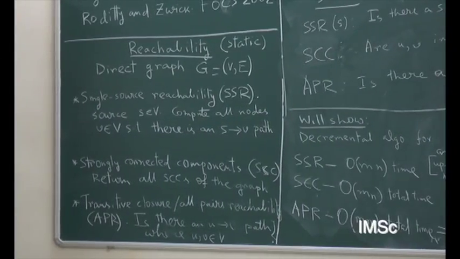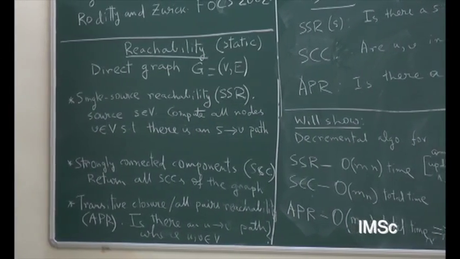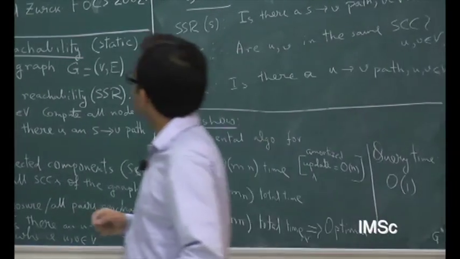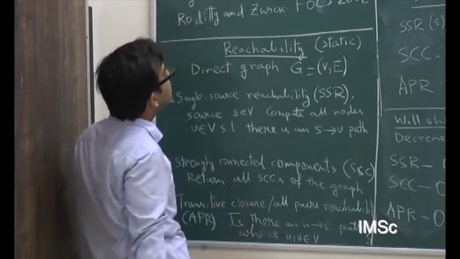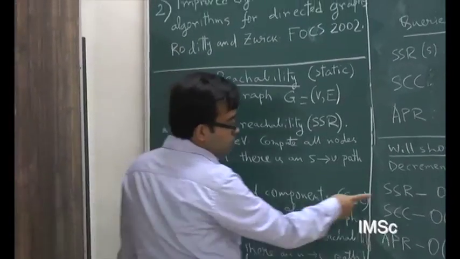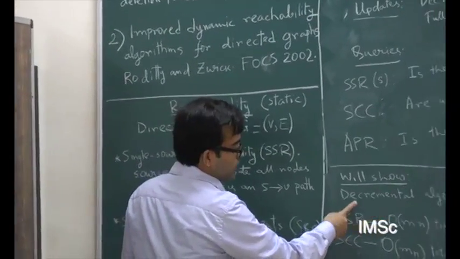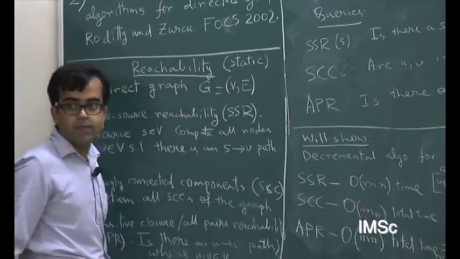Okay, so this is the roadmap. And now let me point out this first paper, Even and Shiloach. This will give you this update time for single source reachability.